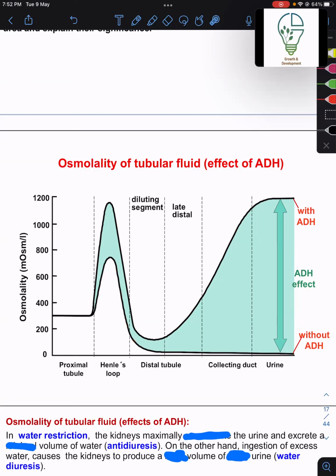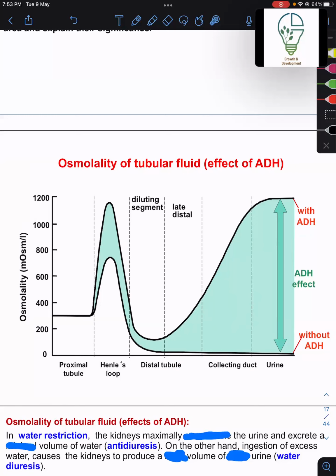The first thing I want you to notice is that the difference is most notable in the distal tubule and the collecting duct. And that should make sense to you, especially the collecting duct part, because the effect of ADH is mostly on the collecting duct and a little bit on the distal tubule as well. So the reason there's such a big difference over here is because these are the two parts most affected by ADH, right?